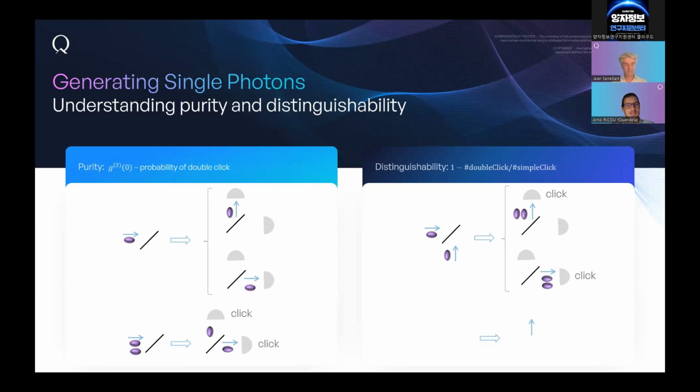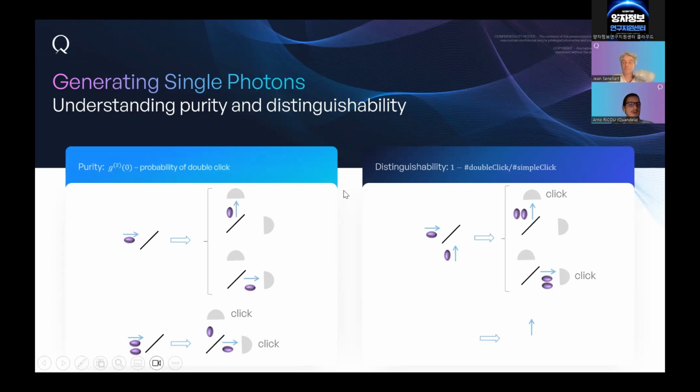And in order to check that, you send what you think is a single photon on a beam splitter. And if it's just one photon, then you put 2 detectors on the 2 paths outgoing from the beam splitter, then just one detector will click. But if it ends up that you have 2 photons, in some cases, you will have 2 clicks. So you will know that you have 2 photons, and this you don't want.